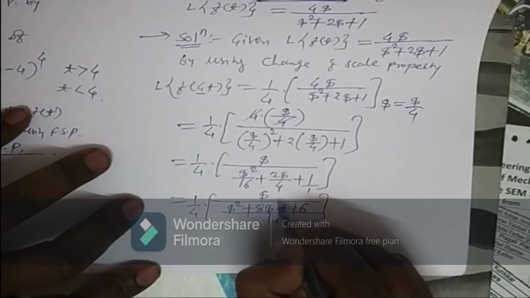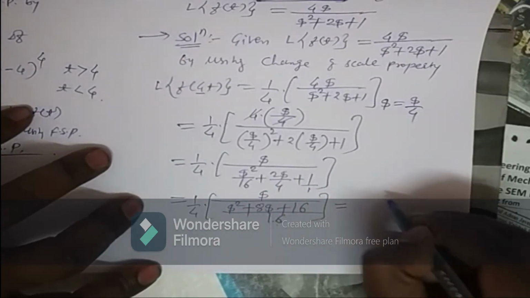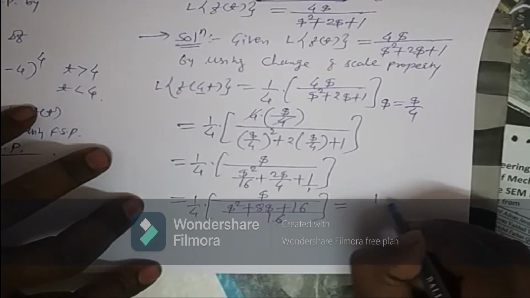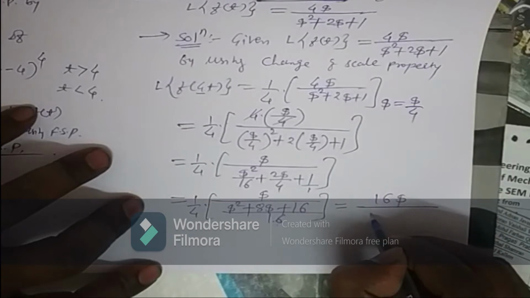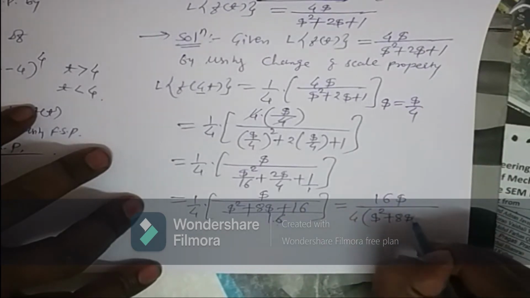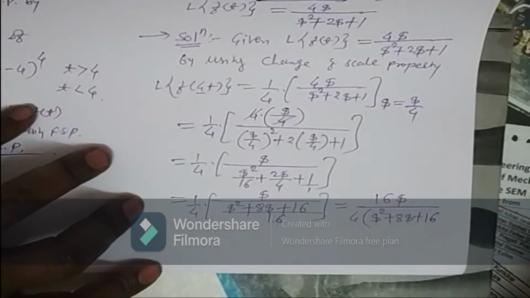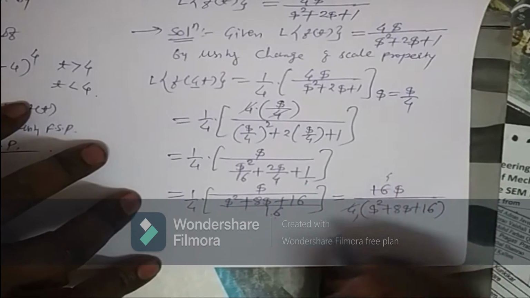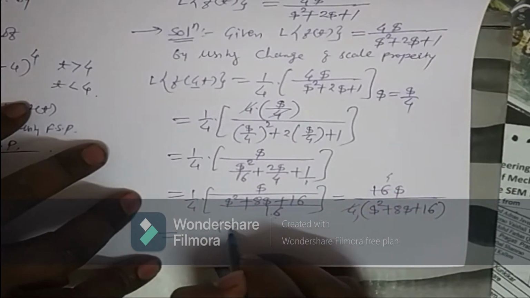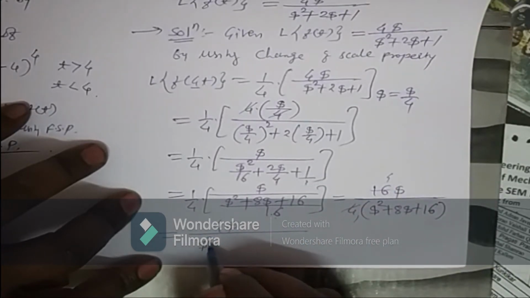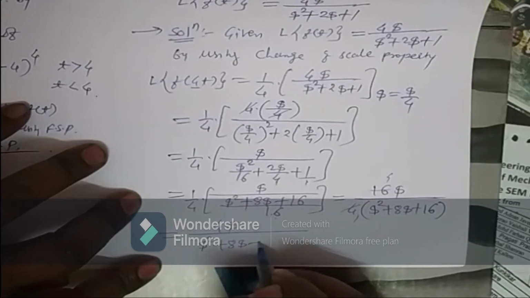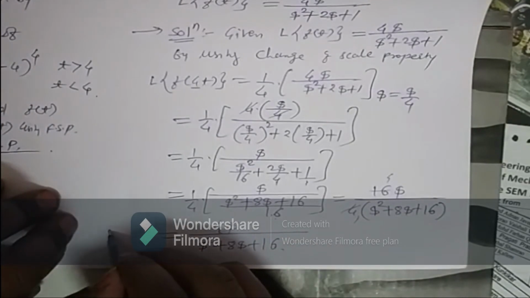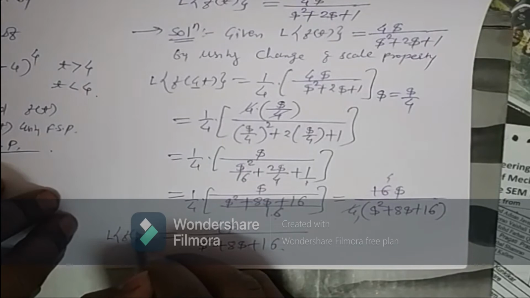So we get 16s divided by s square plus 8s plus 16, with 1 upon 4 as it is. Four 1s are 4, four 4s are 16, and the final answer is 4s upon s square plus 8s plus 16. So this is the Laplace transform of f(4t).